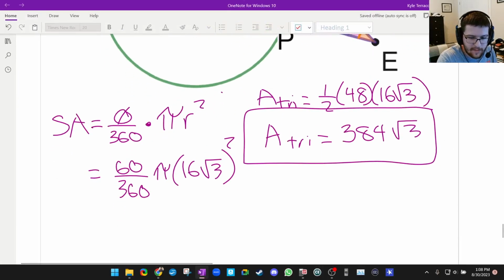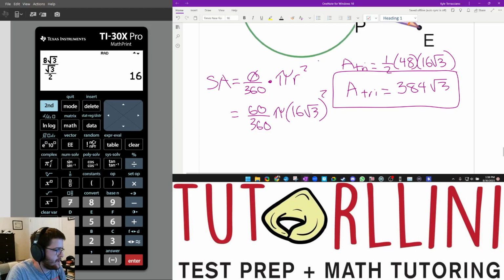Okay, that is probably going to be a pretty big number. I don't really want to do that in my head, so let's try it on the calculator. One-sixth times pi times 16 root 3 squared.